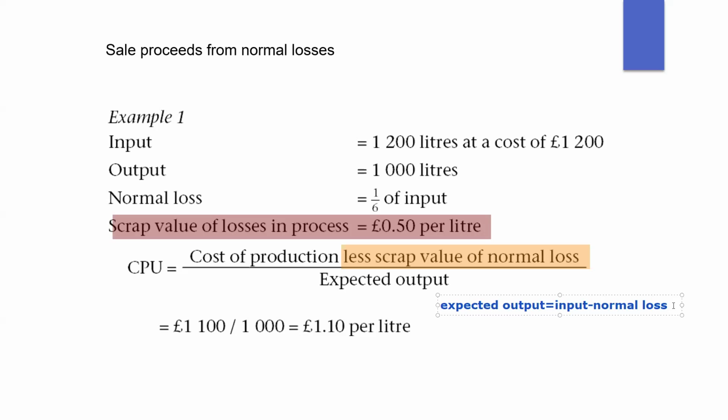Here, the input is 1200 liters. From that, 1/6 is the normal loss. Since we have calculated it earlier, you can remember the normal loss is 200 liters. So the expected output is 1000 liters.